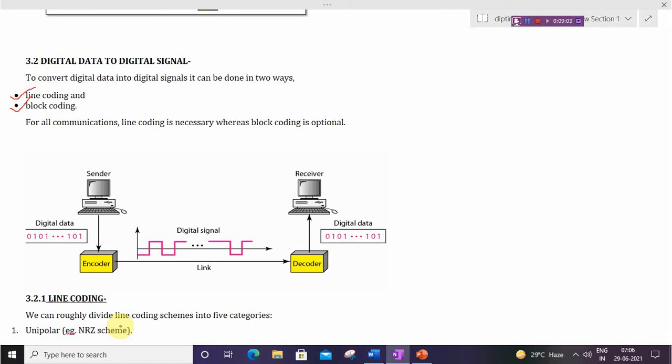And to convert the digital data into digital signal, we use two techniques, that is line coding and block coding. Okay. And there are different line coding schemes used to convert the digital data into digital signal. So in the next class, we will discuss line coding schemes.